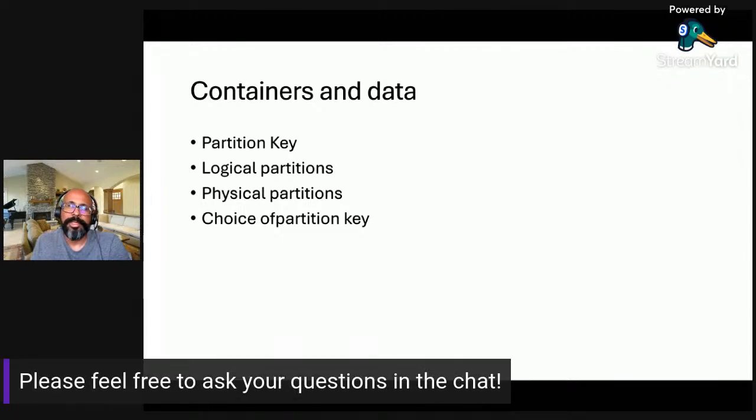A physical partition is one that actually resides on the system. And the logical partitions are basically stored within the physical partitions. So hopefully that's not too confusing. Just think of it this way, right? A physical partition is like a hard drive. A logical partition is like different folders within that hard drive. And your data is like files.